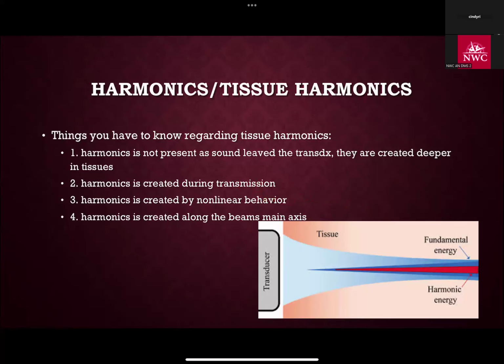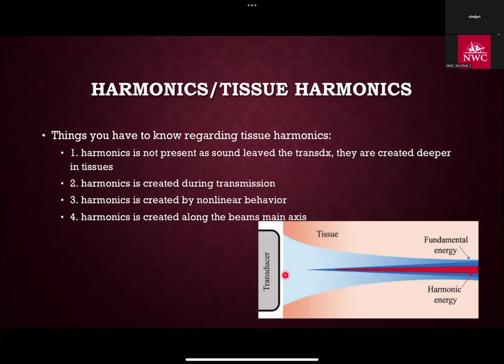And then number 1, I also like this picture because it really does help me understand or remember number 1. You notice that the red, which represents that harmonic frequency or harmonic energy, starts a little bit deeper. It doesn't start as the sound wave leaves the transducer. It occurs later in the sound wave, which would also equate to later in the tissue, further or deeper.